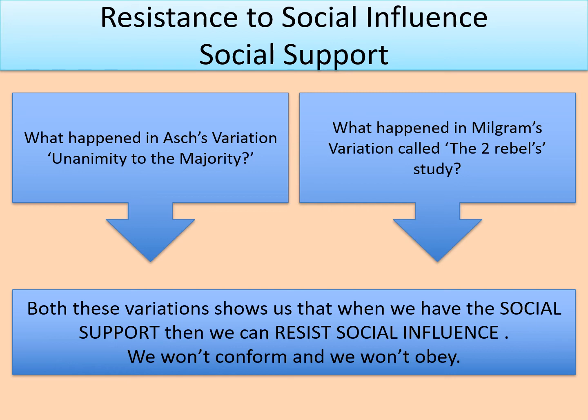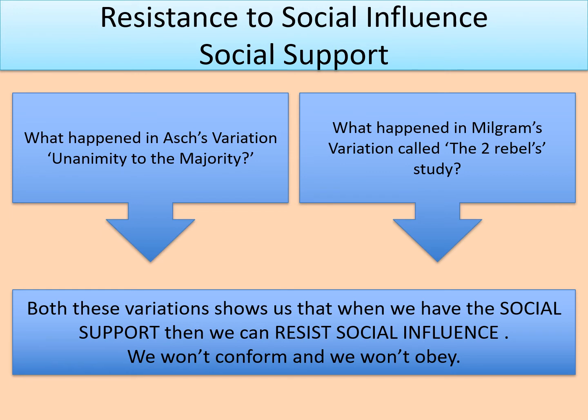If the person gave a different incorrect answer, conformity dropped to 9%. That's why Asch concluded that breaking the unanimity of the majority helped people resist the pressure to conform. The person who broke the unanimity was offering the real participant social support. We often refer to that person as an ally, somebody who's on your side. And we saw conformity plummet in that instance.